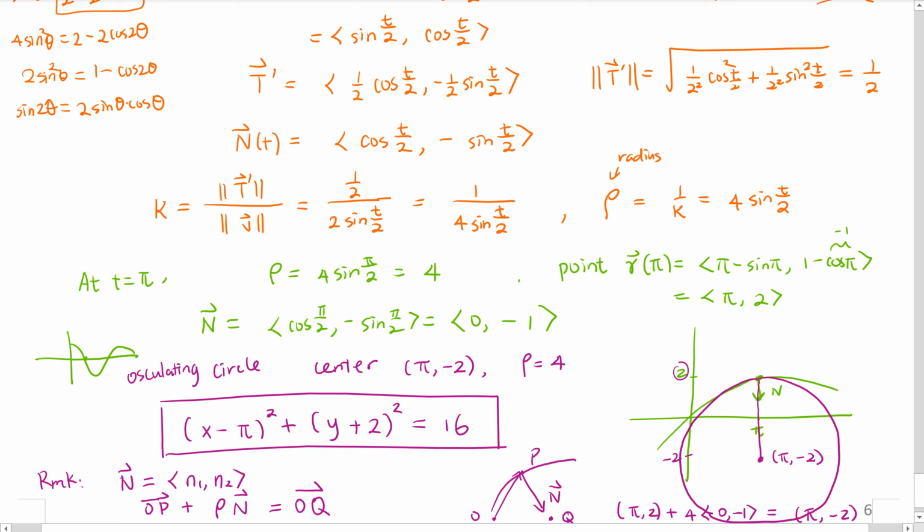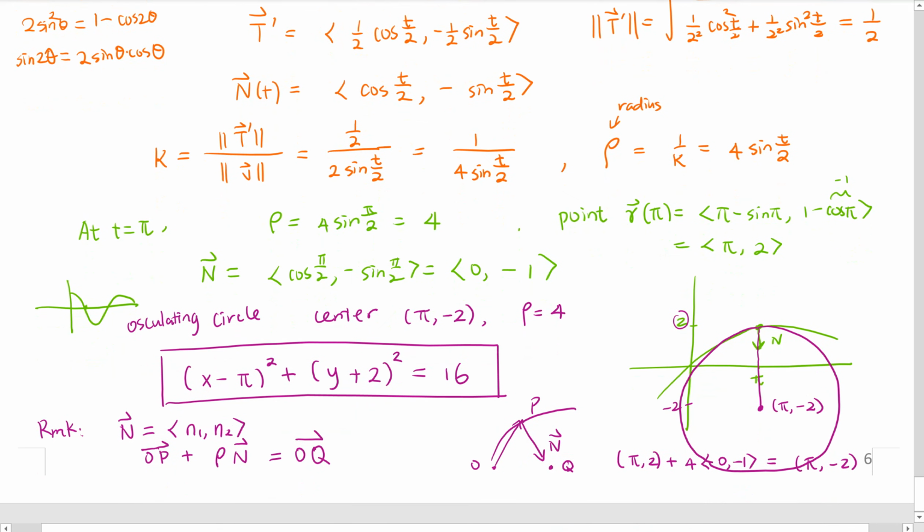Okay, so far so good, everybody. Now with this remark, in general, for any normal vector, you can use this trick to find the center. Once you know the center and you know the radius, you can write down the equation of the circle.